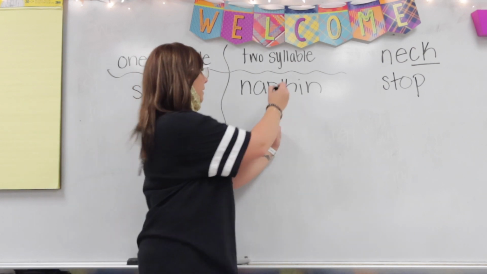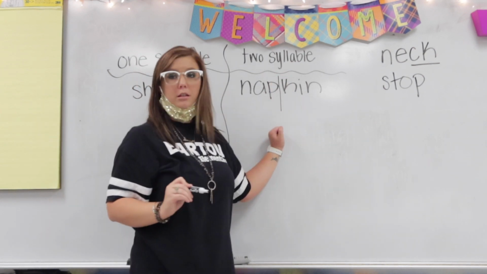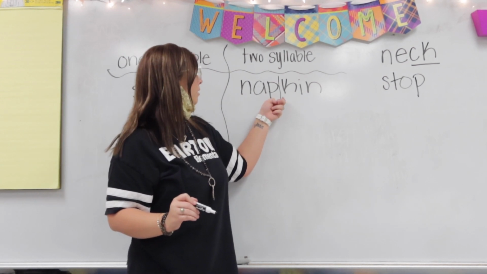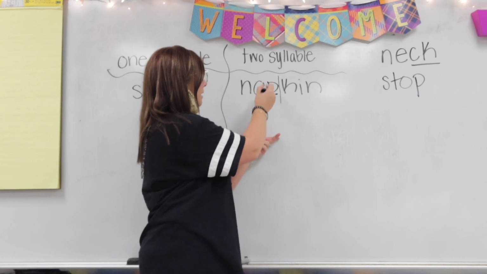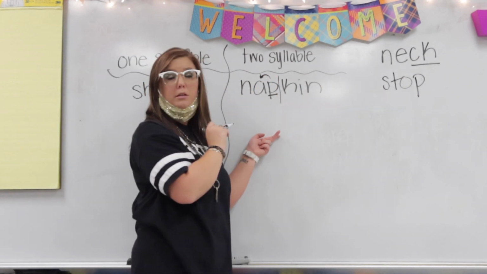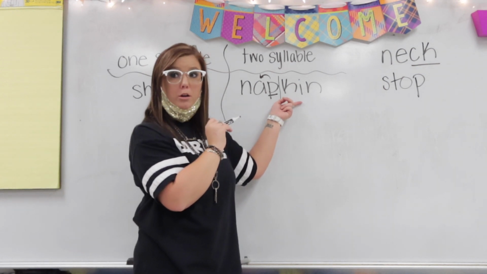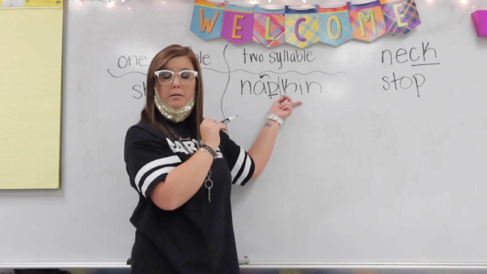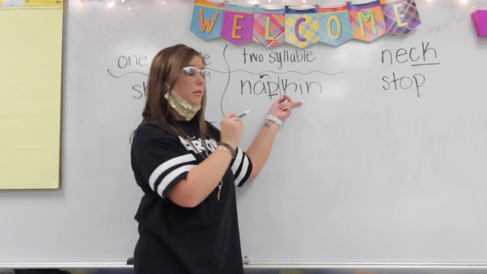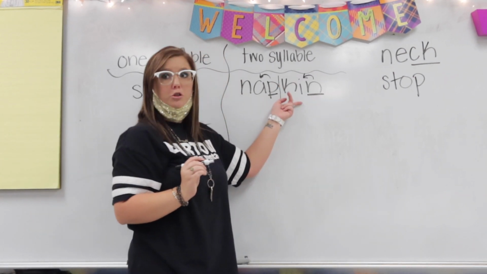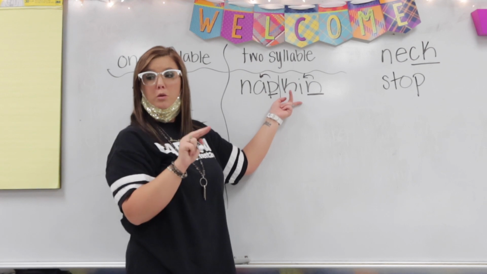N-A-P. That is your first syllable. So it is what kind of syllable? Open or closed? Closed, because it ended with a consonant, which makes this A say what sound? Ah. Ken is open or closed? Closed. Why? Because there's a consonant at the end, and it makes the vowel say what sound? Long or short?